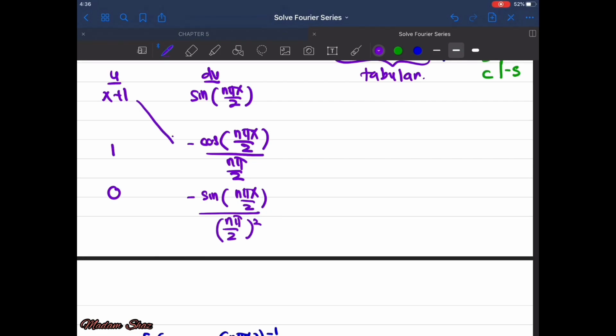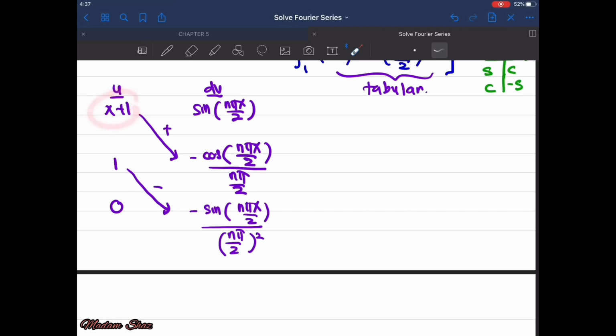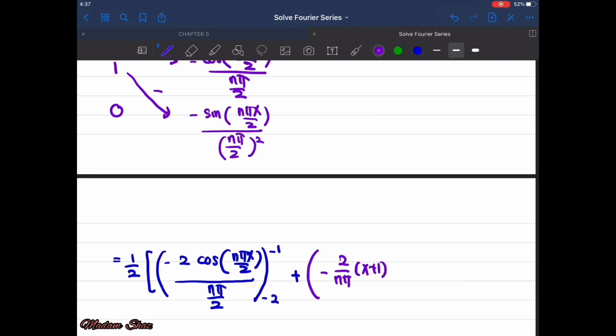So combine the answer, the first row with the positive sign, the second row with the negative sign. Positive and negative will become negative. X plus 1 multiply with the cos n pi x over 2 divide with n pi over 2. So n pi over 2 can be written as 2 over n pi. So negative 2 over n pi multiply x plus 1 multiply with the cos n pi x over 2.